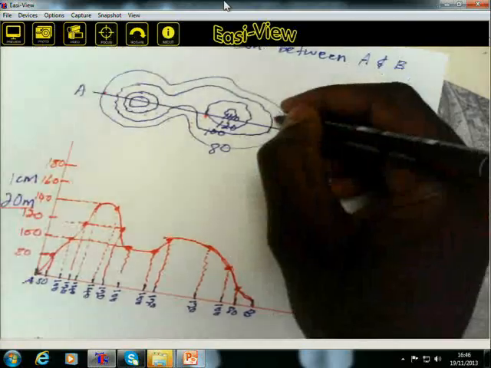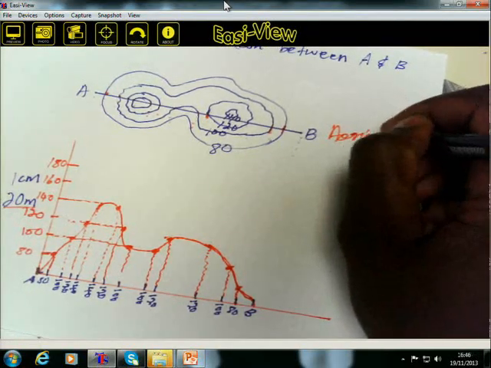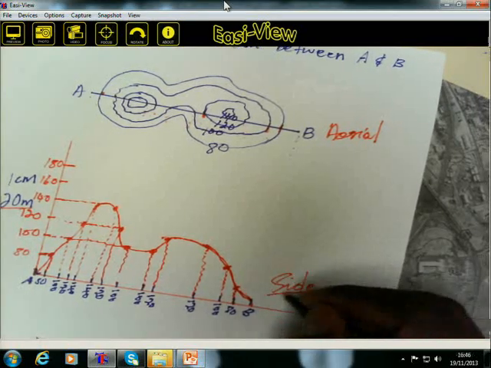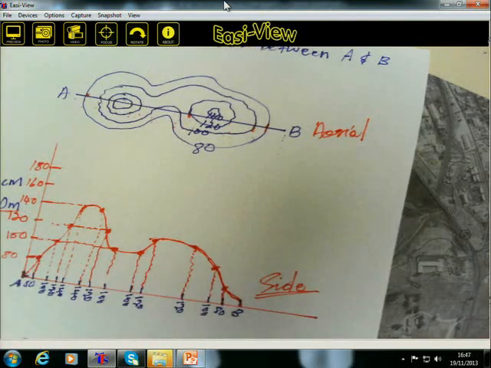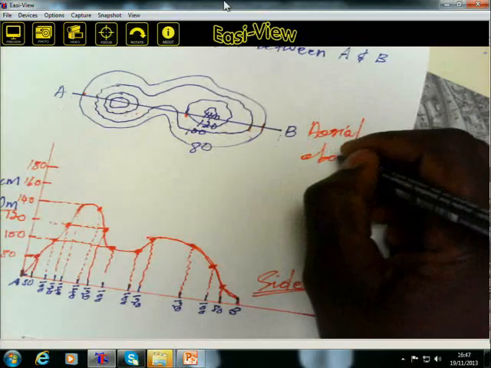This is how it looks from an aerial, from above, and this is a side view. Remember, we talk of an urban profile, the side view of the city, but this one will be the side view of a mountain from the side, and this will be from above.